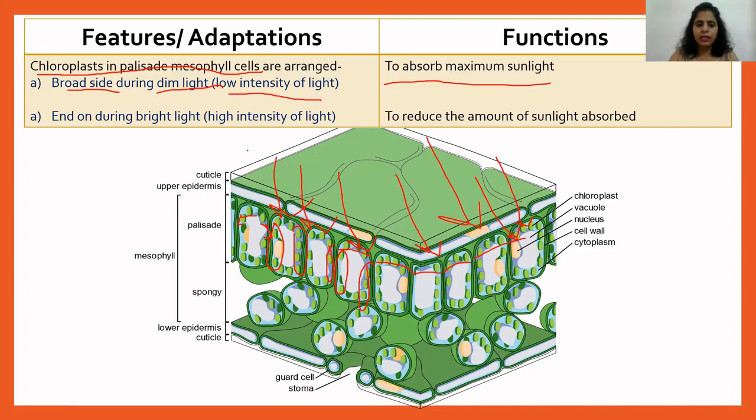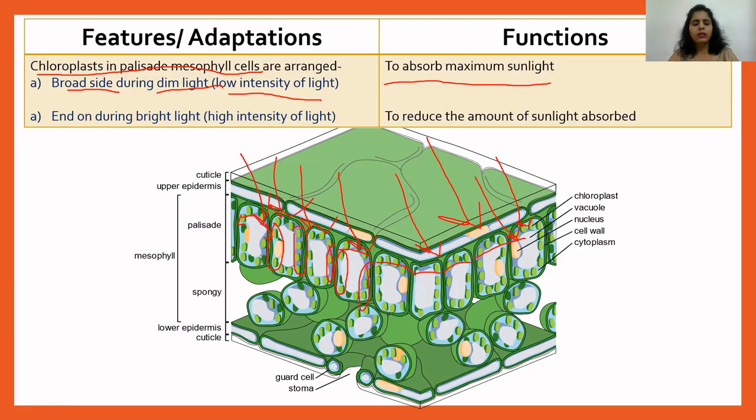At that time, when sunlight falls on the palisade mesophyll cells, very little sunlight is absorbed. You will understand the importance of this point in the next few videos, when you learn about limiting factors in photosynthesis.